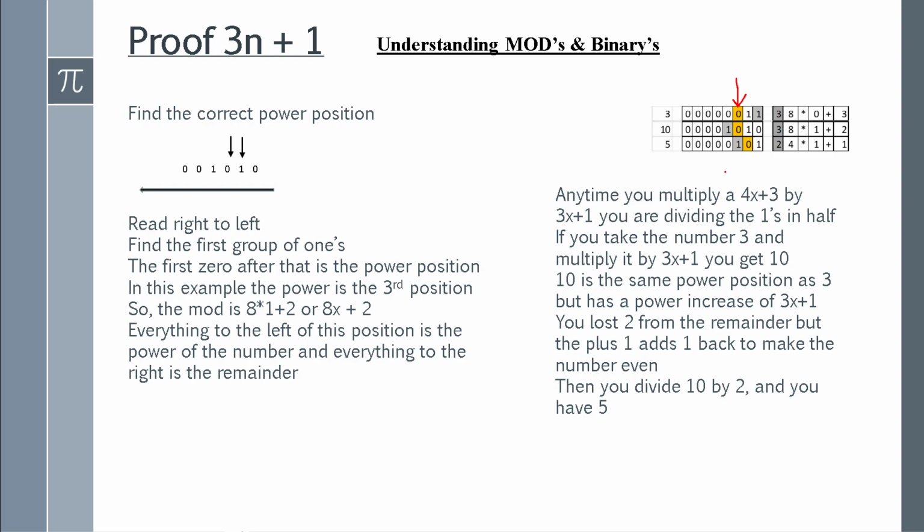Our power position moved down one spot, but our power number remains the same on the divide by 2. All we're doing is cutting our power in half. So we went from slot 3 to slot 2, and we're removing a 0 from the remainder side, so our remainder is divided in half.